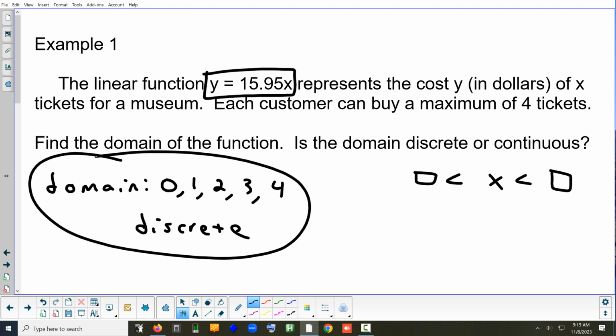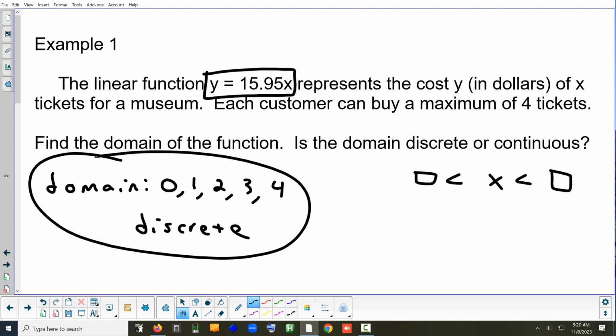Yeah, you can't buy anything between 2 and 3 tickets. So it's just certain numbers. That's discrete. And if we were to graph that, would it look like dots between 0 and 4, or would it look like a connected line? Dots. Yeah, it would look like dots. Discrete is always dots. Yep.